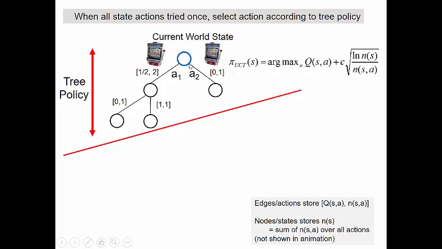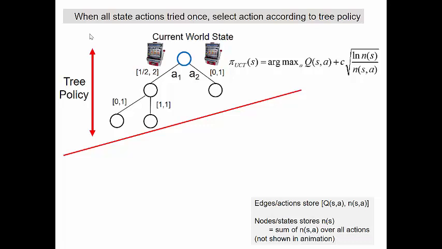Here, if we want to think of it as a bandit problem at this node for selecting A1 versus A2, it's a non-stationary bandit problem, because the reward that you get when you pull this arm depends on what happens in this tree. And this tree is always being changed and updated. In particular, it's usually going to improve. The reward you get is going to tend to improve over time.